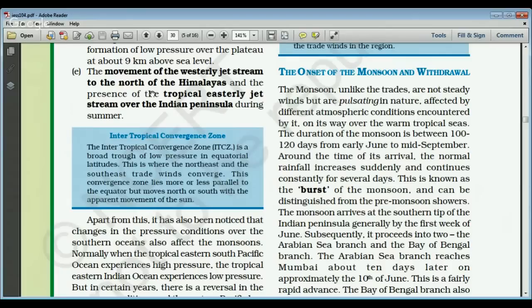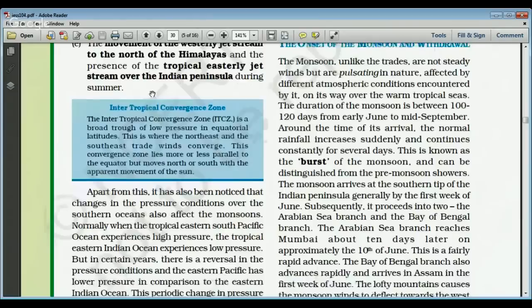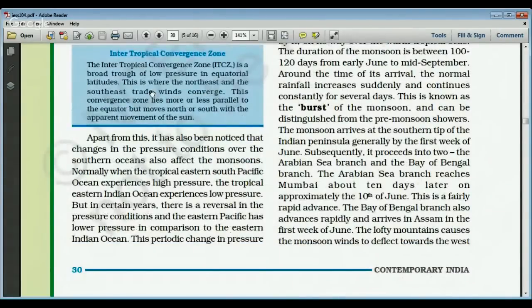And around the time of its arrival, the normal rainfall increases very suddenly, and it continues constantly for several days. This process is known as the burst of the monsoon. Burst means it comes suddenly and then continues constantly.